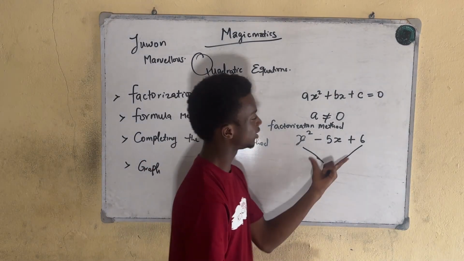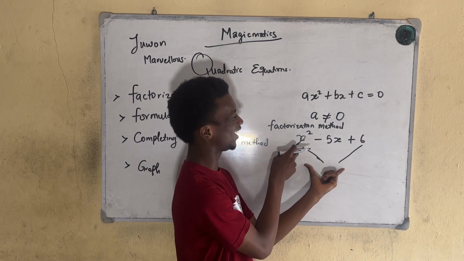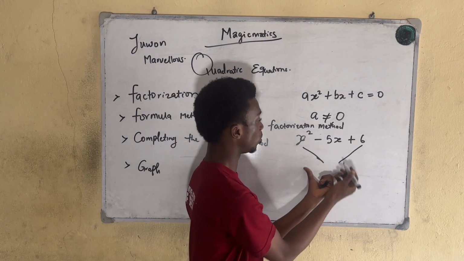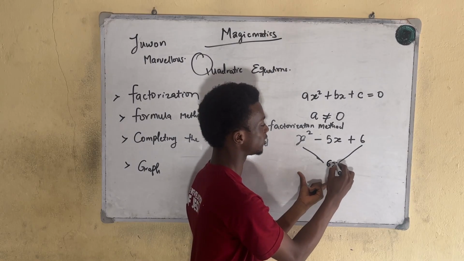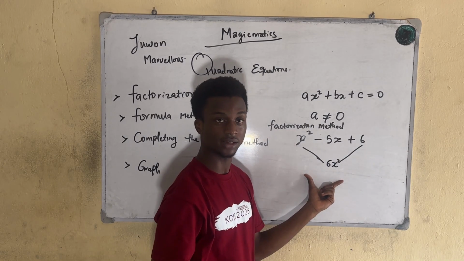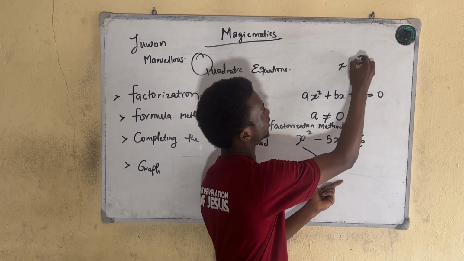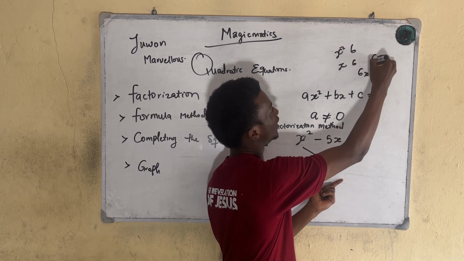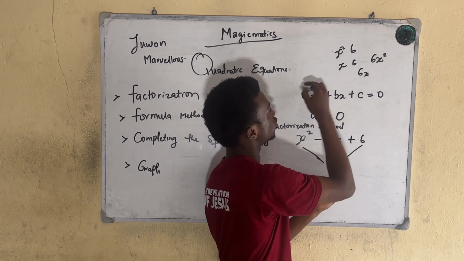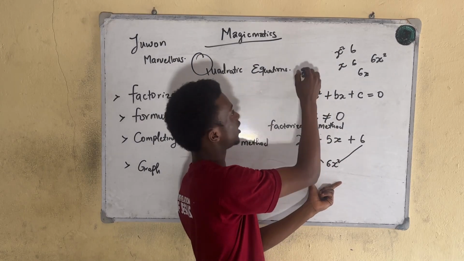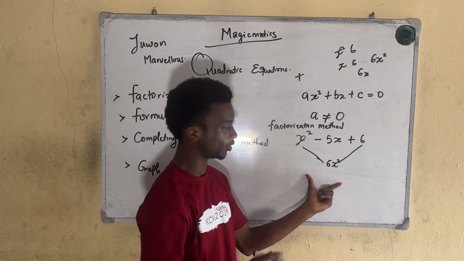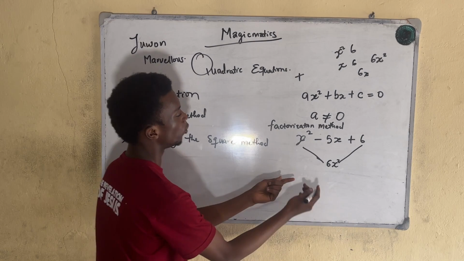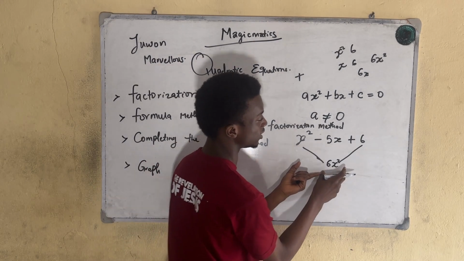What this line means is I'm multiplying x squared and 6. So what I'm going to get is 6x squared. Is that taking? When you multiply x and 6, you have 6x. So when you multiply x squared and 6, you have 6x squared. But this principle doesn't apply to addition. We'll get to that.